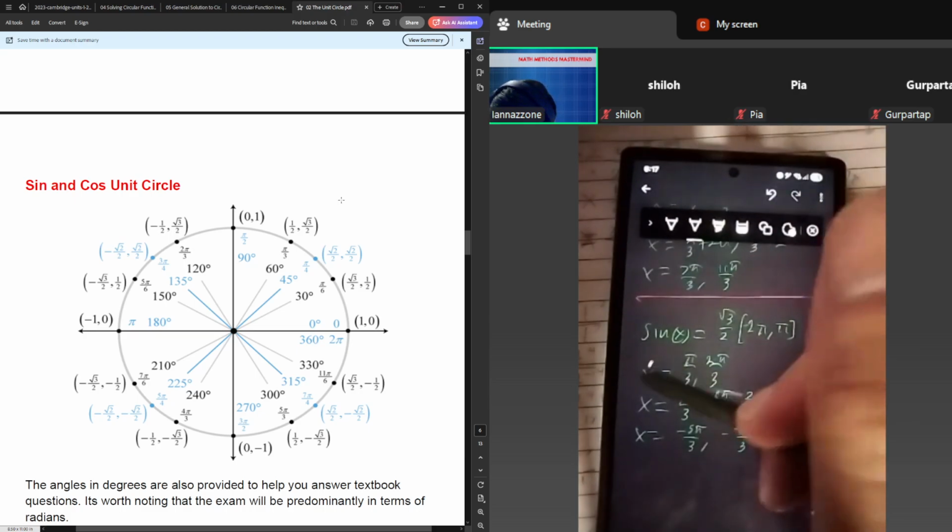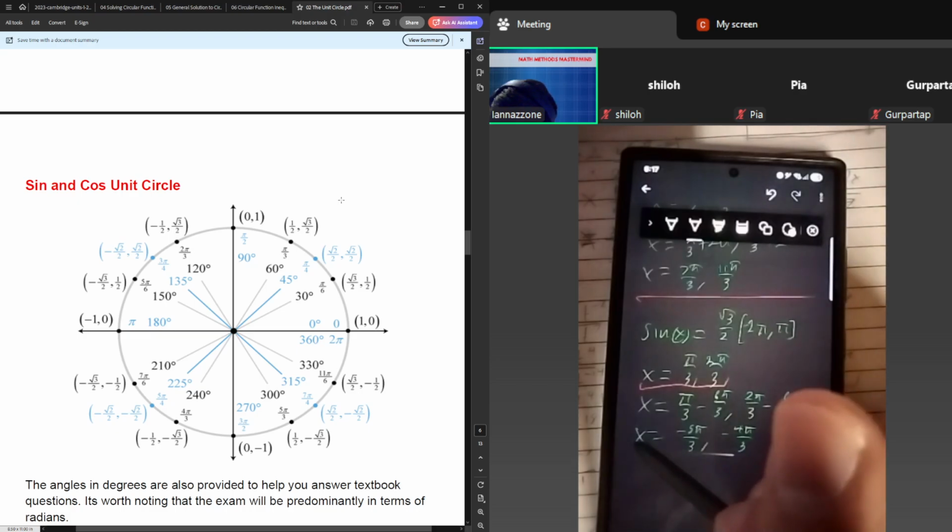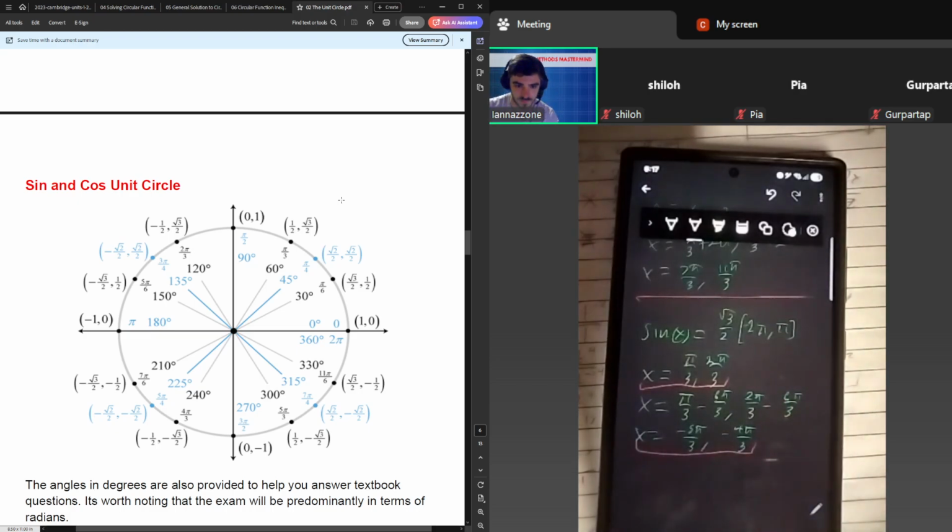Okay, that's cool. So we got these two as solutions. We got these two as solutions. Do we need anything else? Have we gone far enough in the negative direction? Yep. Yeah, correct.